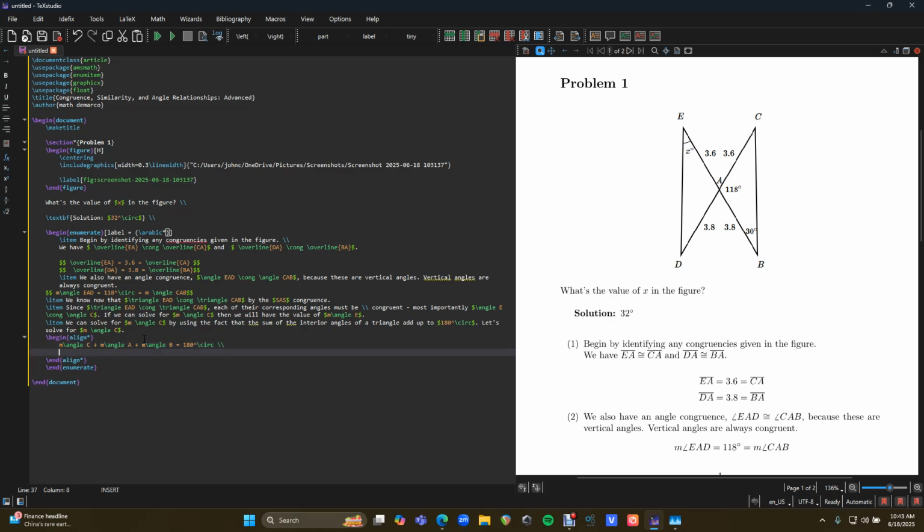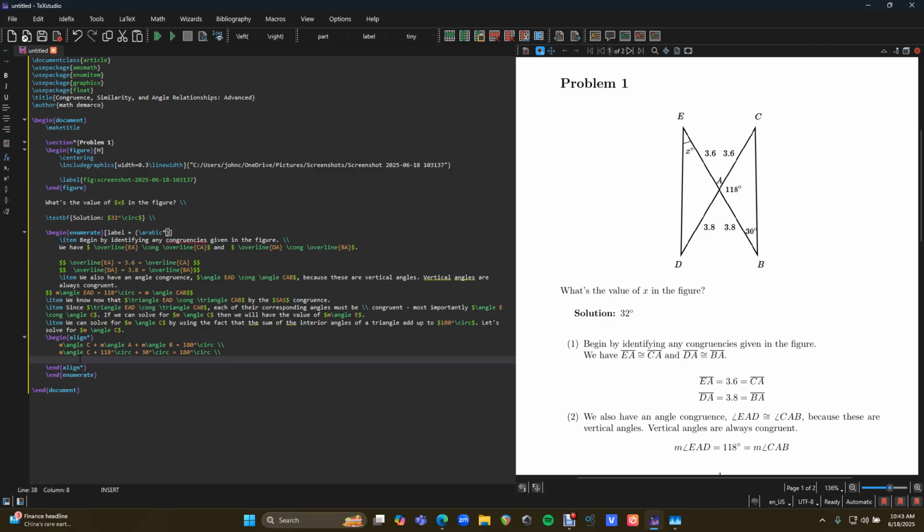And then we'll say the measure of angle C plus the measure of angle A, which is 118°, plus the measure of angle B, which is 30°, is equal to 180°.